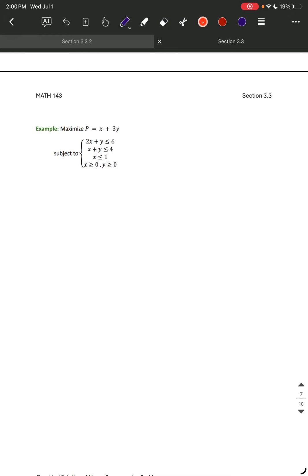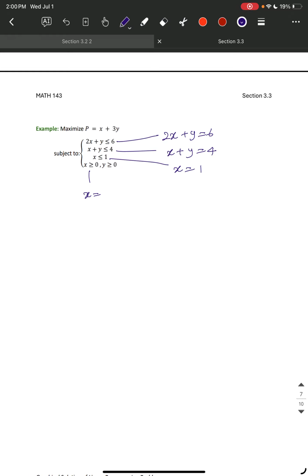Okay, first we have the first constraint 2x plus y equals 6, the boundary line. Second, we have x plus y equals 4. Third, x equals 1, also x equals 0, y equals 0.